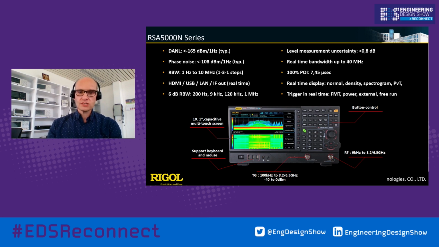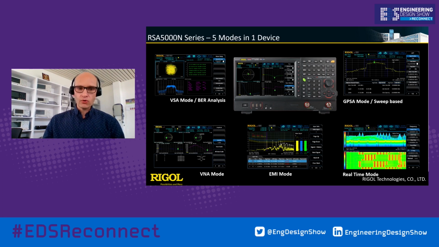In case you're using the real-time spectrum analyzer and not the sweep-based spectrum analyzer, then you have additional displays, for example, the density, the spectrogram, the power versus time, or the combination of the three. Furthermore, you have different trigger capabilities, like the frequency mask trigger or the power trigger, which can be used as well.